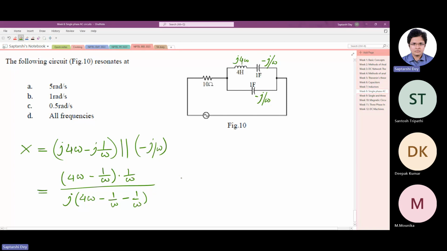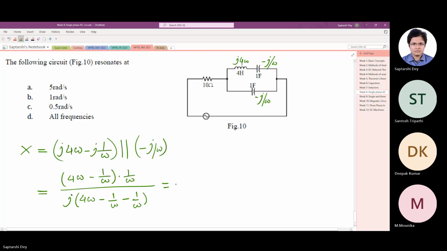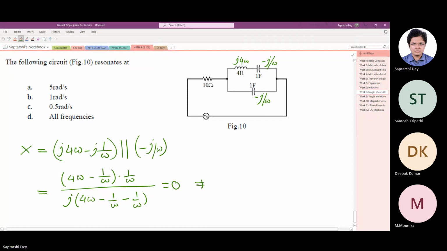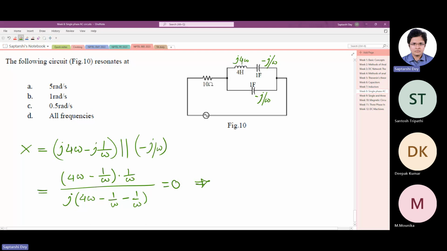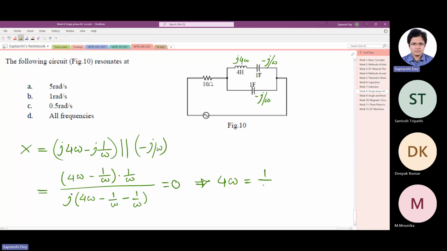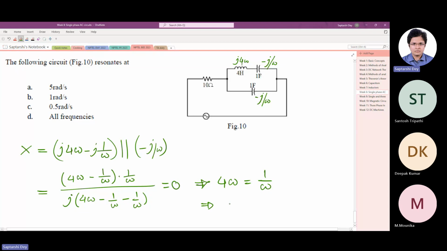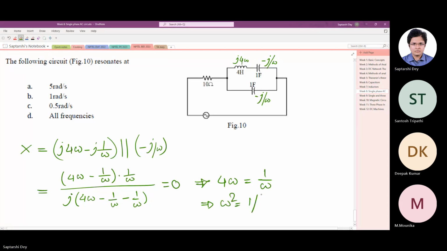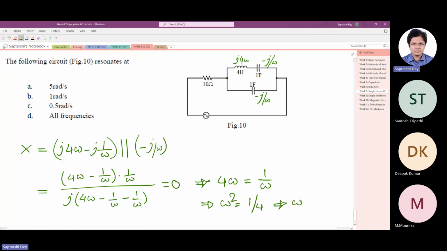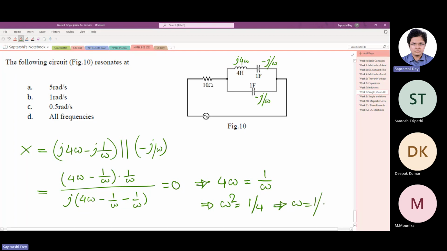This is what we have. So we have to make this 0. Simply make the numerator 0. If you make the numerator 0, you get 4 omega equals 1 by omega, which gives omega squared is 1/4, and omega to be half radian per second.